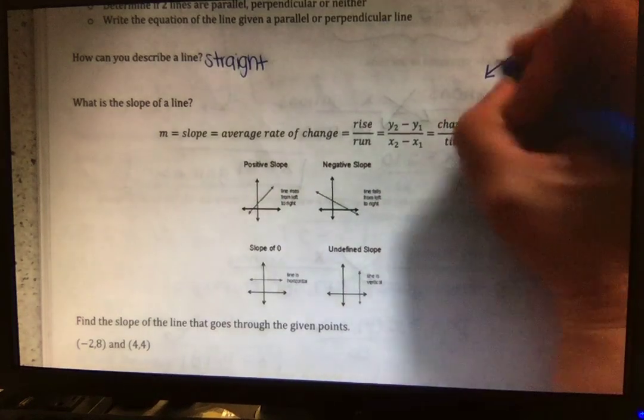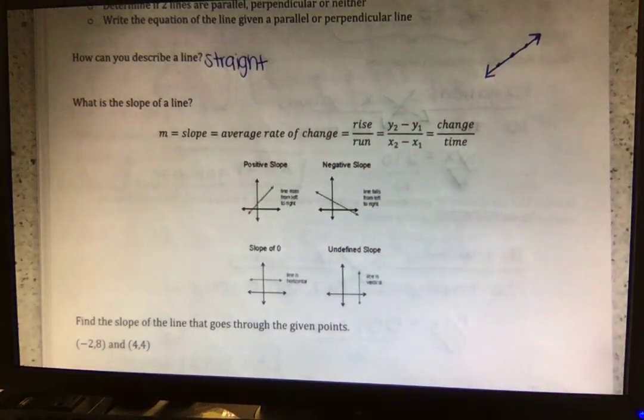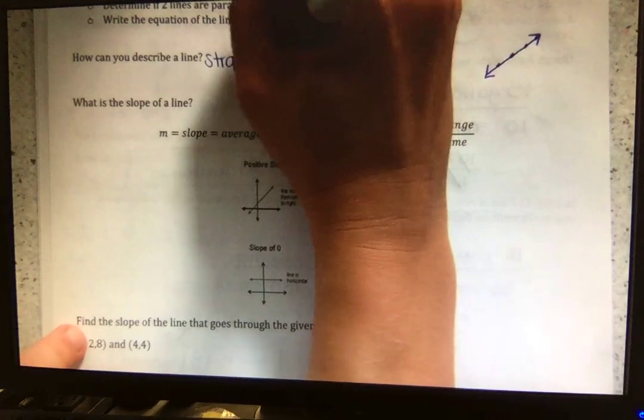So going from one point to the next, to the next, to the next, what must happen in order to make it straight? It has to be the same direction. Okay, so to get from one point to the next, it has to change the same way to get to the next point, and the same way to get to the next. So we have to have a constant rise and run, a constant slope. Ding, ding, ding.